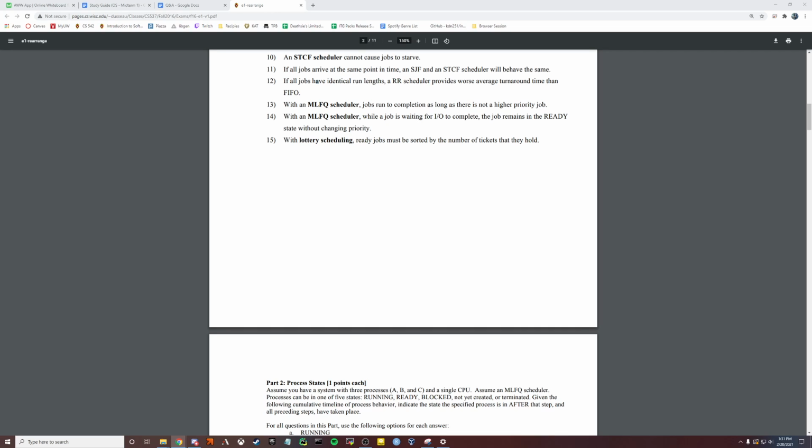Then they wouldn't be running to completion; they'd be getting round robined. Sneaky Professor Andrea. So if they get round robined, I think Map is right and number 13 is false. That sounds like something the professor would do. Nice catch, Map. I would say it's false.